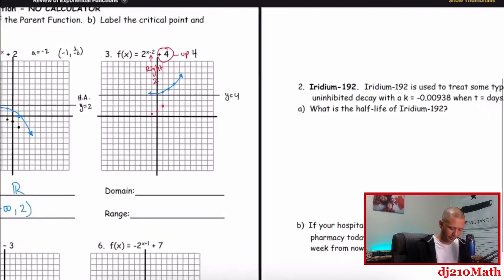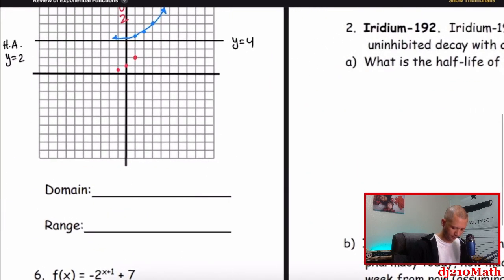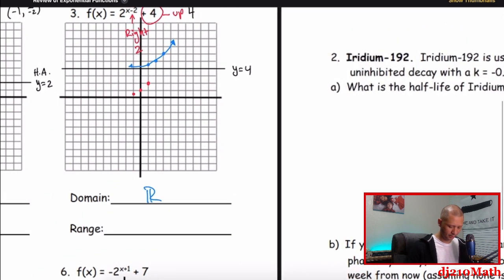And the domain and range. So domain, all real numbers, always. And range is going to be from the horizontal asymptote towards infinity, right, up. So 4, parentheses, because we don't include it, towards infinity.